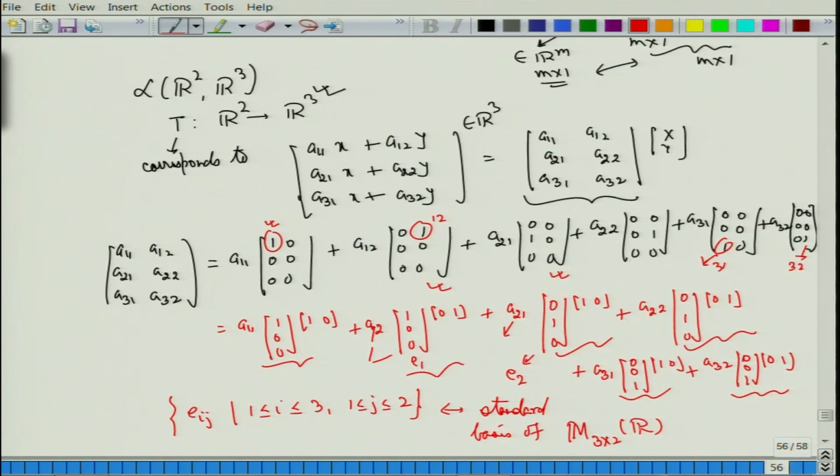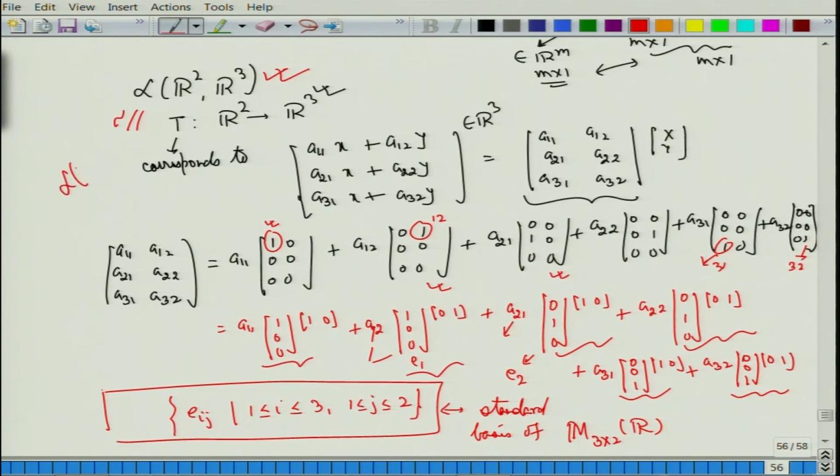So, what I was saying here is that every linear transformation here basically looks like a matrix, and that matrix can be written in terms of this ordered basis, and therefore this is isomorphic to L of any vector space V and any vector space W, where V has dimension 2 and W has dimension 3. Is that okay? That is all. Thank you.